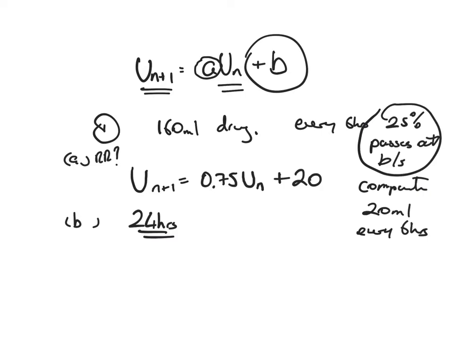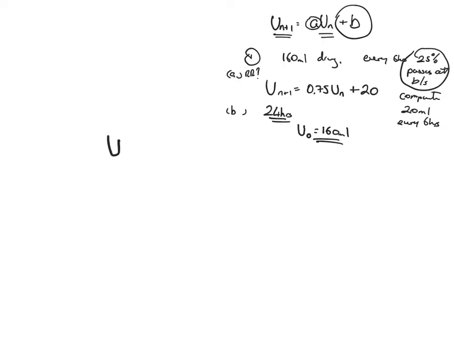Okay, so first of all, u_0 is equal to 160. So that's at the start of the process, the patient is injected with 160 millilitres. Okay, so u_1 is equal to 0.75 lots of u_0, which is 160, plus 20.